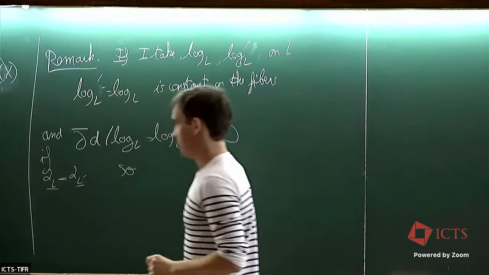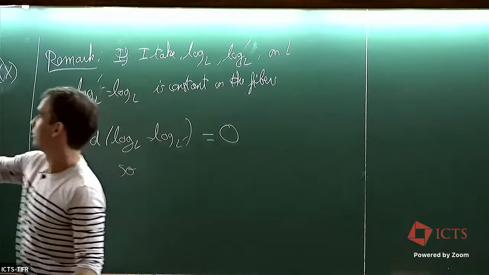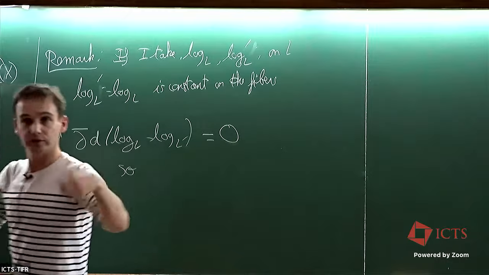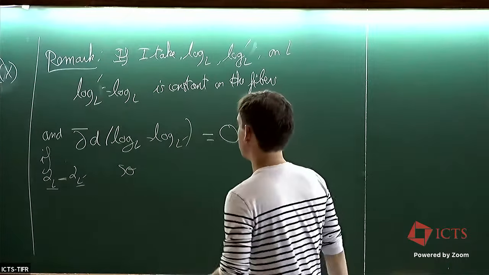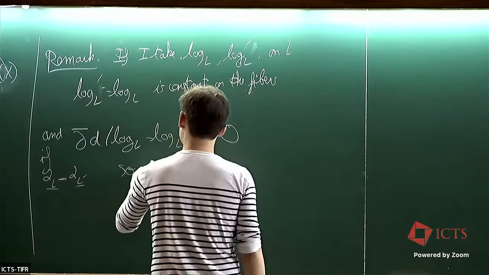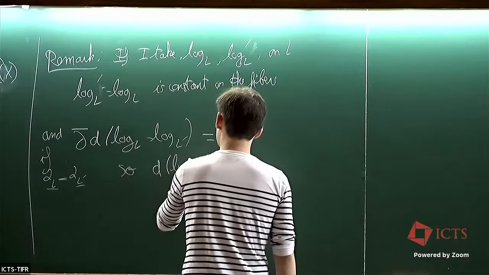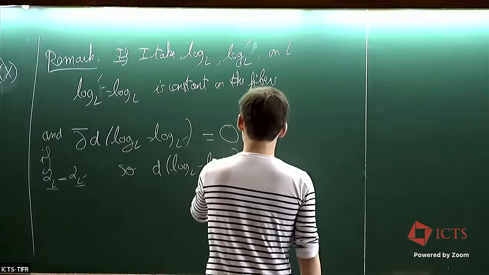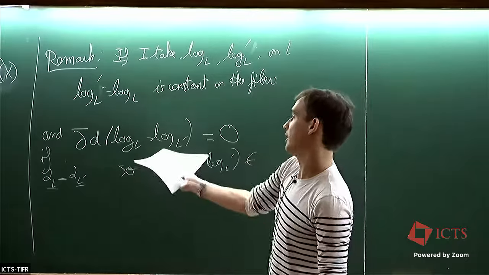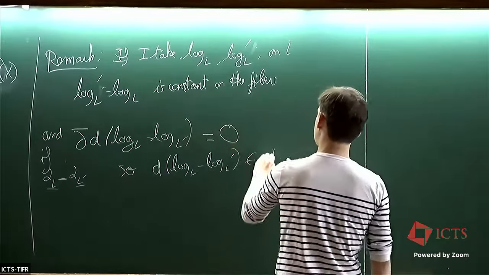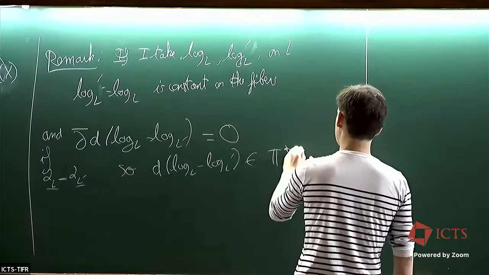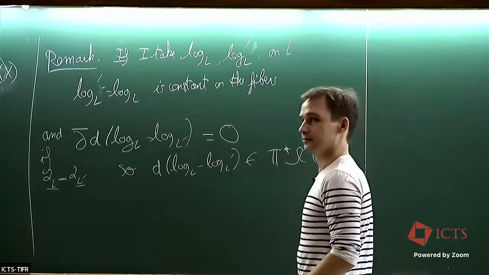Right. Now this is good. So this map has kernel exactly omega 1 of x, the old regular forms we had before. So this would mean that d log L minus log L prime belongs to, so it's a one form on L star, but also invariant. It should be in pi star omega 1 of x. All right.